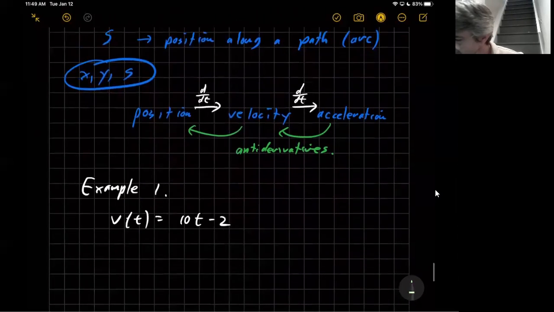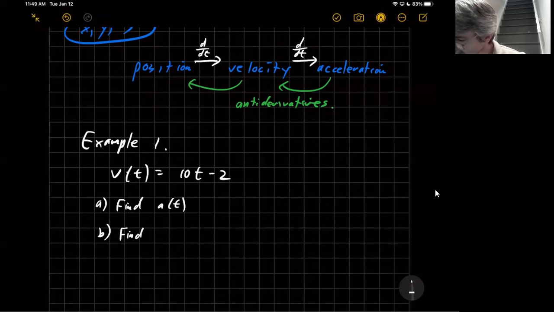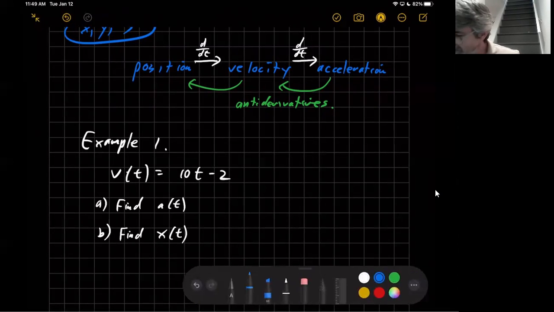I won't write all of that down, but a problem should indicate that. Now, if part A was find A of t, and part B was find X of t, where we'll pretend it's horizontal motion, we could do part A very quickly by taking a derivative.